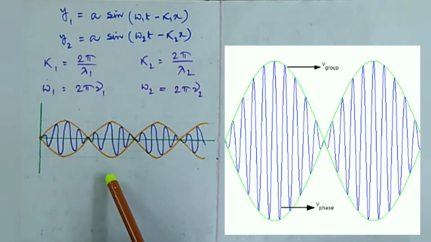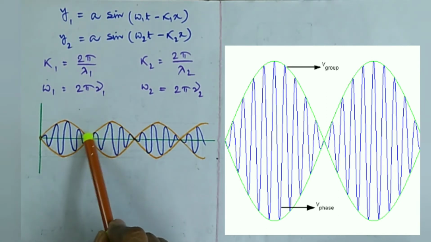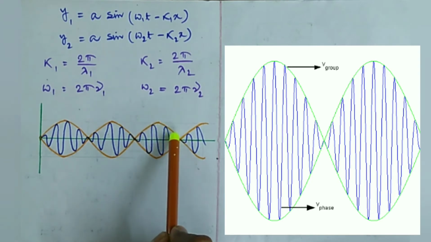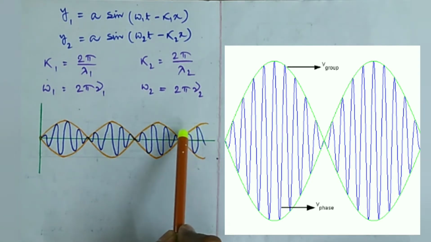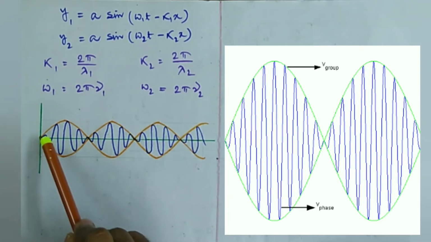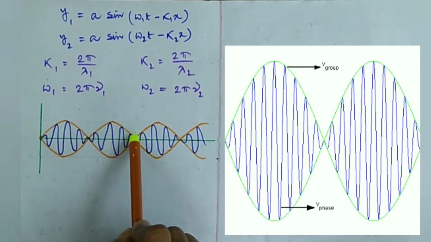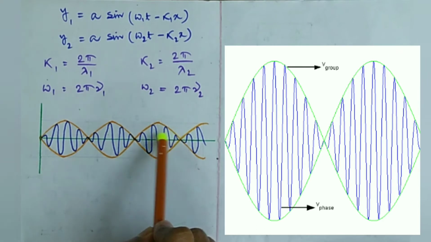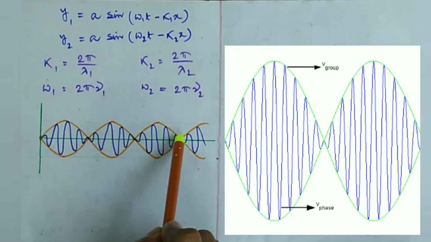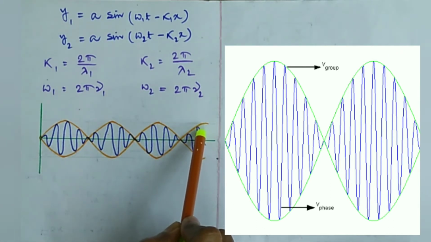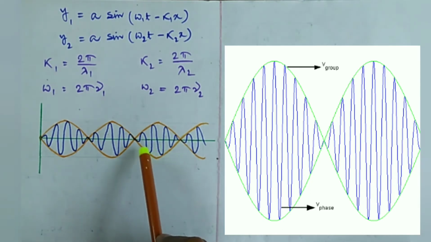The velocity of a group of waves or wave packet is known as group velocity. In this case, look at the figure. The velocity of the envelope is known as the group velocity. That means the velocity of the cover portion of the superposed wave is the group velocity of the wave.